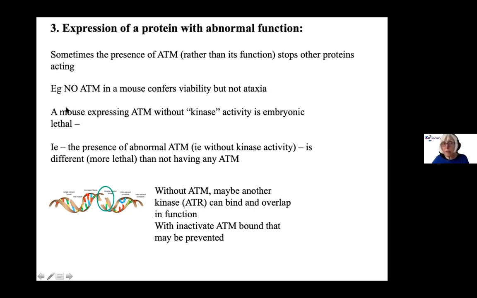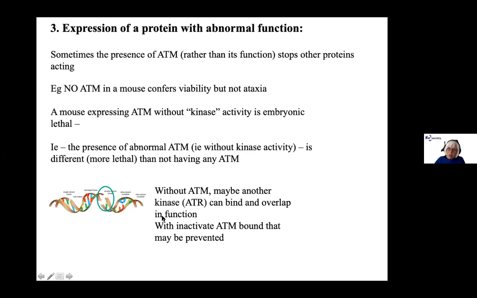Now, in the laboratory, a mouse has been made which expresses ATM completely normally, but it's not able to function in that tagging activity that I talked about. So it's got no function, can't do its task. And that mouse is embryonic lethal. So the presence of abnormal ATM, i.e. without kinase activity, is different, and in fact more lethal than not having any ATM at all.